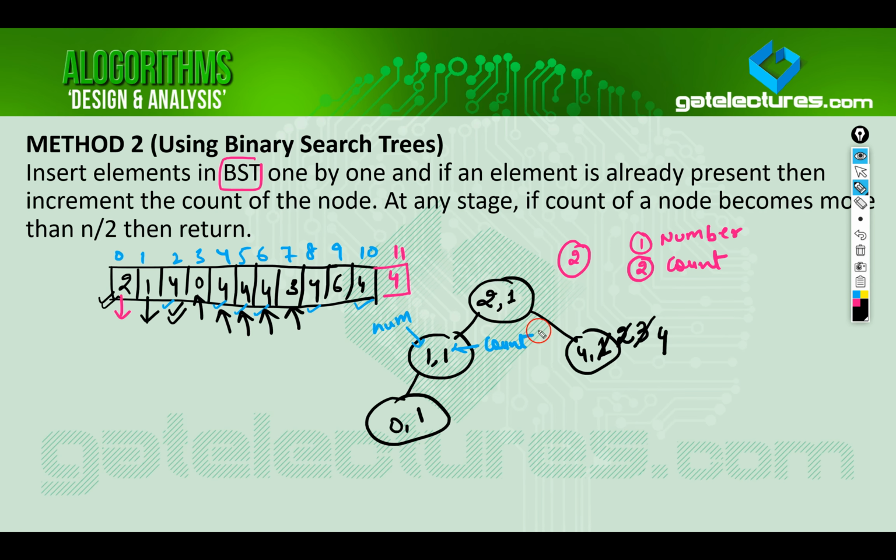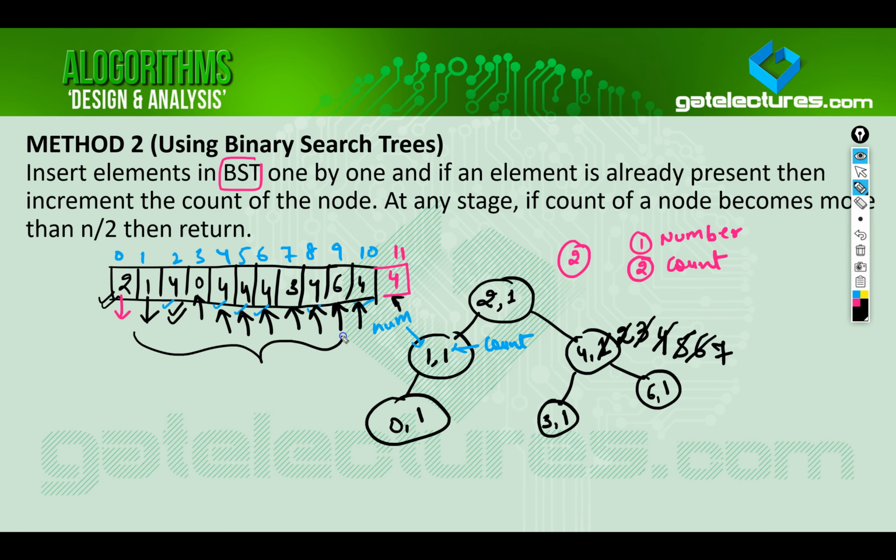So 3 is greater than 2 but less than 4, therefore it will come on the left side of the 4, so it is 3, 1. The next element is 4, so again we increment the count of 4. The next element is 6, because it is greater than 4, therefore 6 will come here. And the next element is 4, again increment the count of 4, and again the next element is 4, therefore we increment the count of 4 to 7.